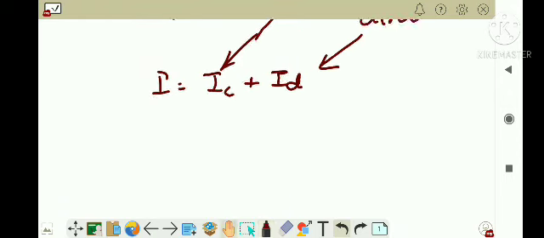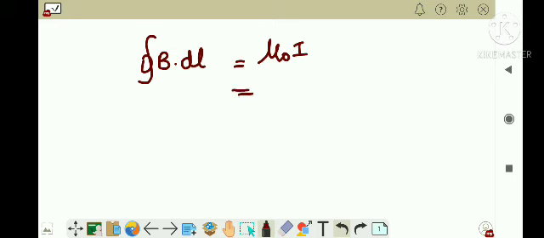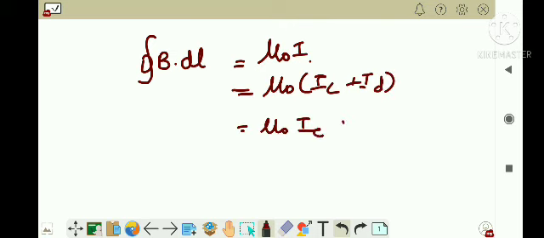Clear? Now, so again we are moving to what is known as Ampere Maxwell's law. So initially we had what integral as per our Ampere circuital law. It was just mu naught I, right? Now we just wrote total current is actually a combination of conduction current and displacement current. So we have to write it like this. So it will be mu 0 IC plus mu 0 ID, right? So now I can write, we just found the value of displacement current as epsilon naught d phi by dt, right?